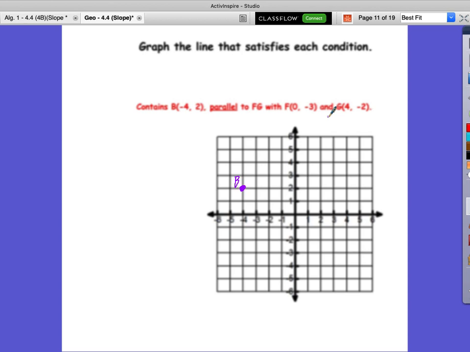So how do we know they have the same slope? Because it says to do that. So how do we find the slope that we use? We can graph F and G and count, or we can do our slope by using our formula as well. Either way is fine. You can graph the points and count, or you can use our formula either way.